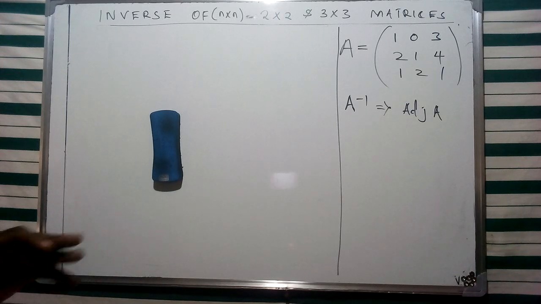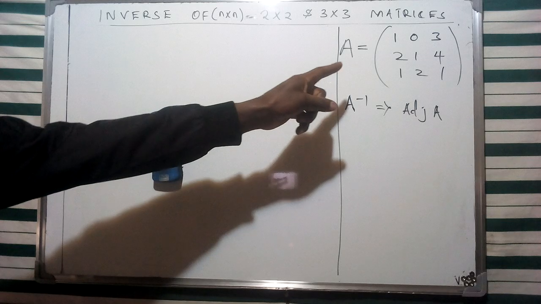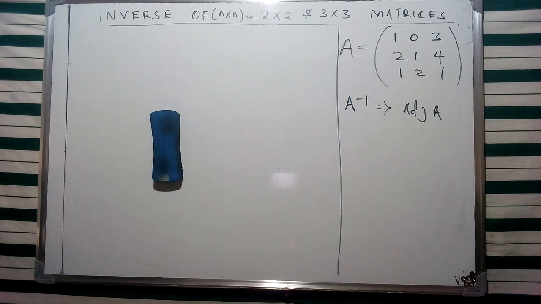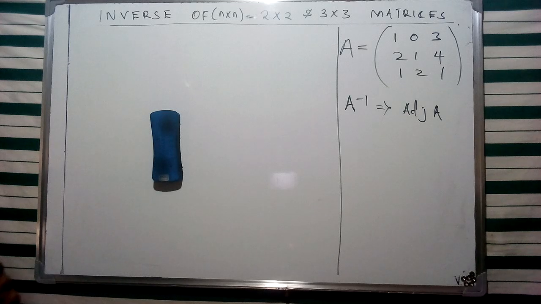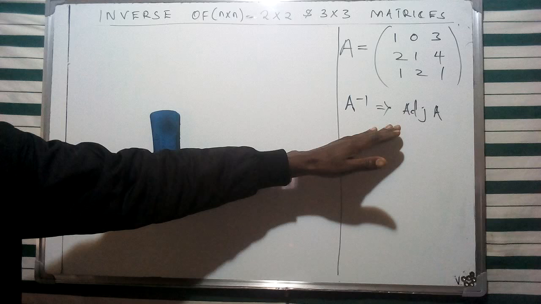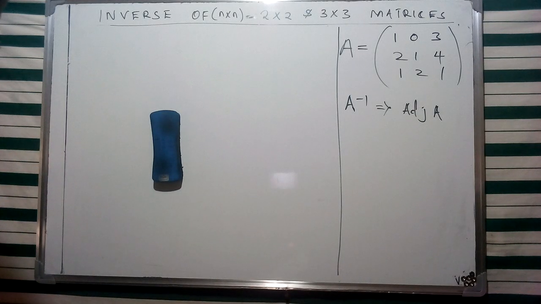This implies that we're going to find the minors and the cofactors of this specific matrix, and after that we are going to find a relationship between the inverse and the cofactors which I've mentioned.